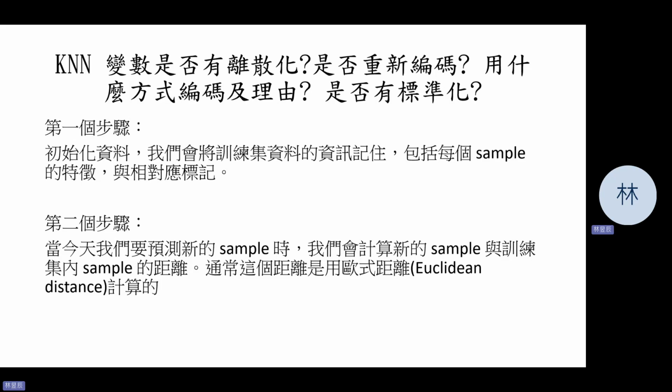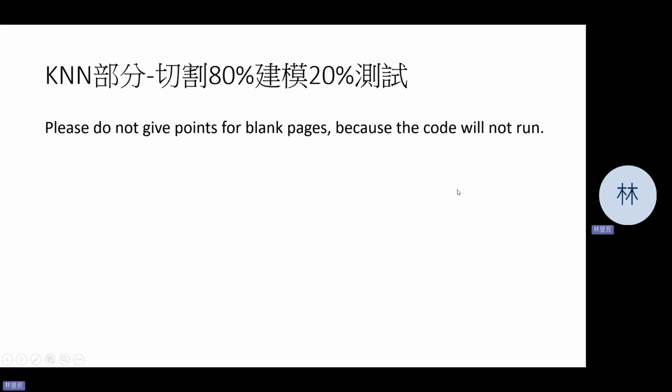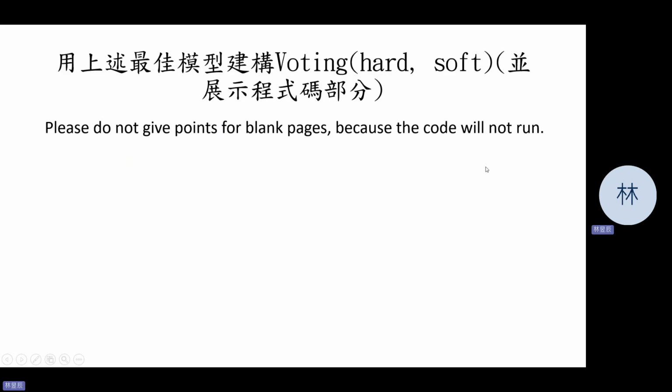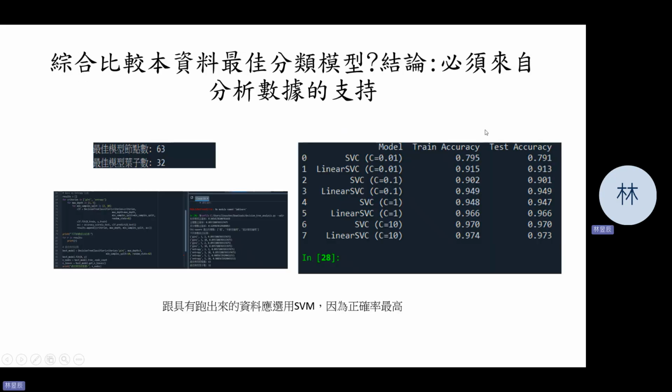Second step, when we want to predict a new sample, we will calculate the distance between the new sample and the samples in the training set. Usually this distance is calculated using the Euclidean distance. And this is a blank page.